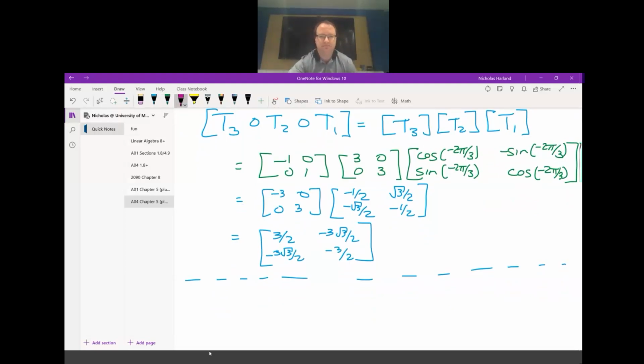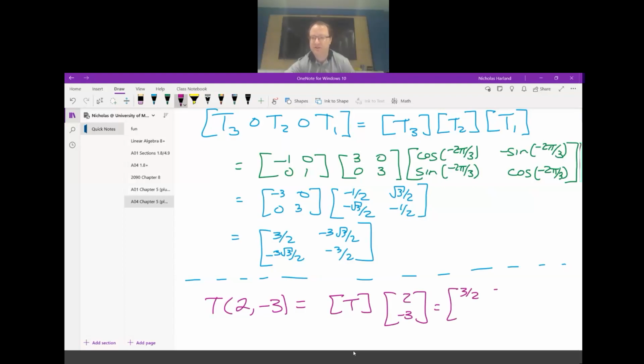All right. Anyway, back to the actual question, using it to find T of 2, -3. So how do we use our standard matrix to find T of 2, -3? We just take our standard matrix and multiply it by 2, -3.